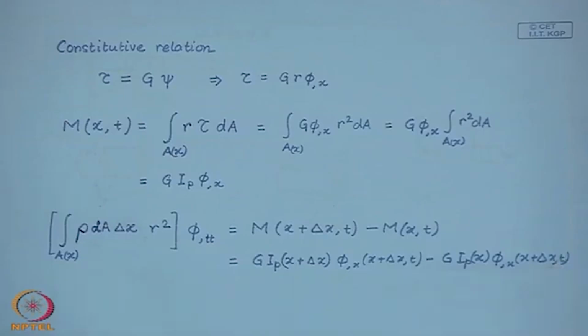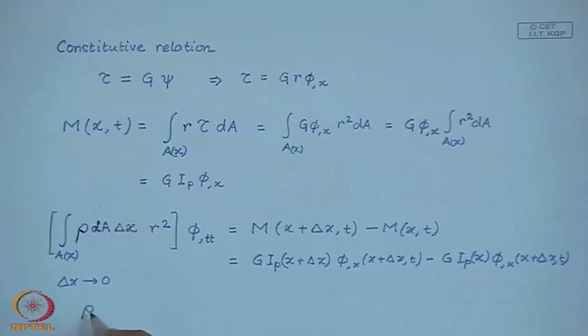Now, if I divide this whole equation by delta x and take the limit delta x tends to 0, and if I identify this r square dA integral, rho can come out of this integral. So, r square dA integral over the face is once again the polar moment of the area.